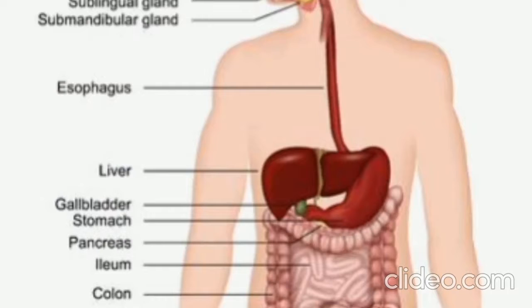One is the parotid gland, which is situated near the left and right earlobes, another is the sublingual gland, and the next is the mandibular gland. Then this saliva softens the food material, along with the tongue, which helps us to mix the food material properly. So inside our mouth, mechanical digestion takes place.